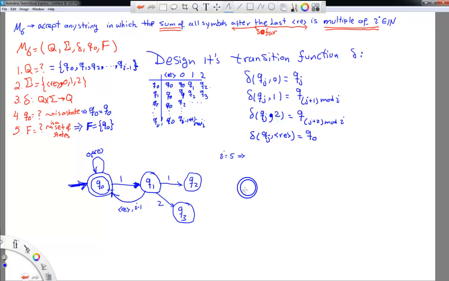So that's my q sub 0, and it's going to stay in q sub 0 if the symbol is reset or 0. And of course this is a start state. Then over 1, it'll go to q sub 1.